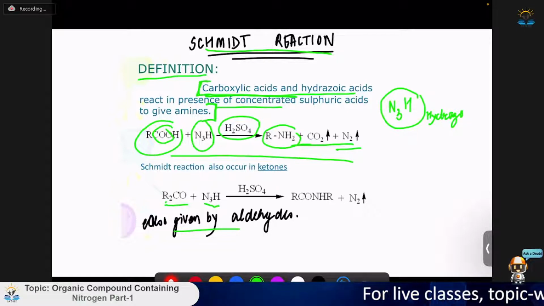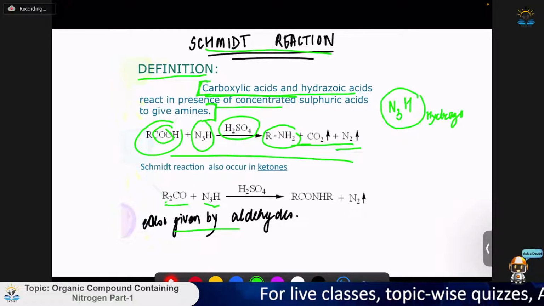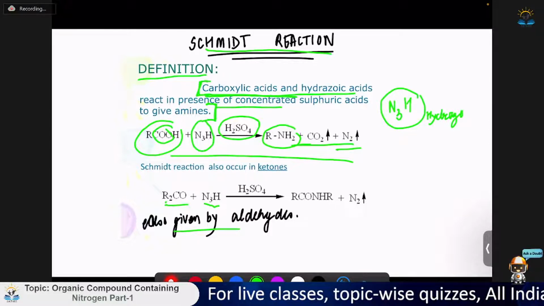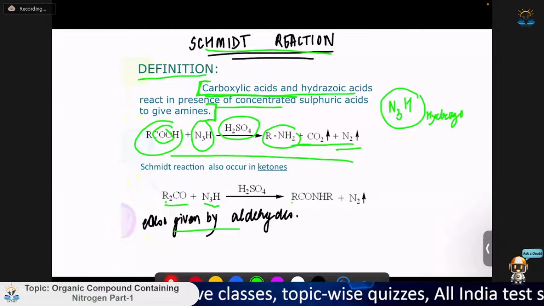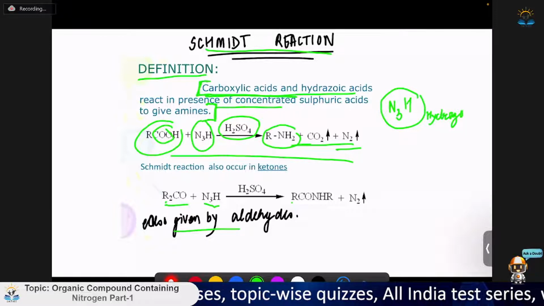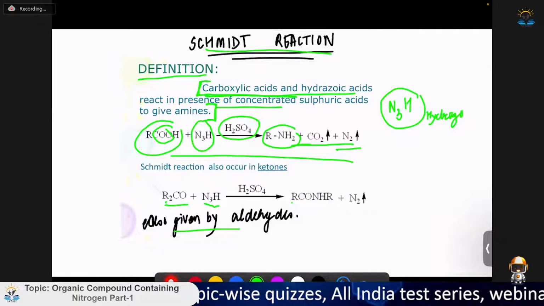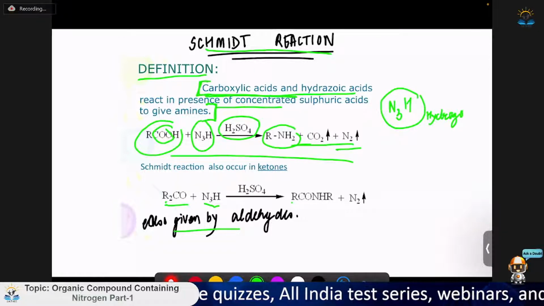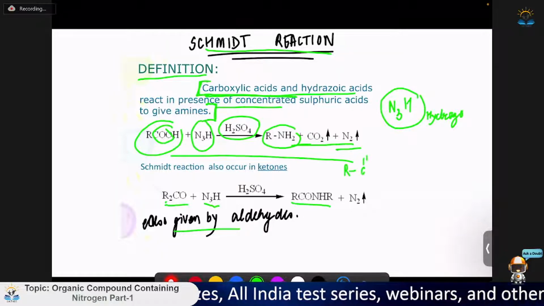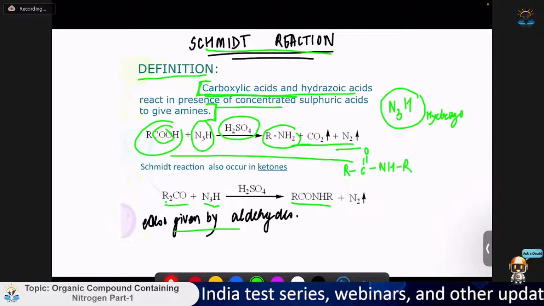What happens? What it forms, and N2 gas is released.